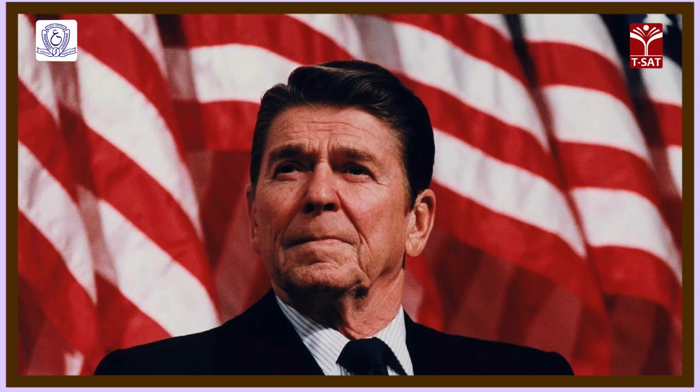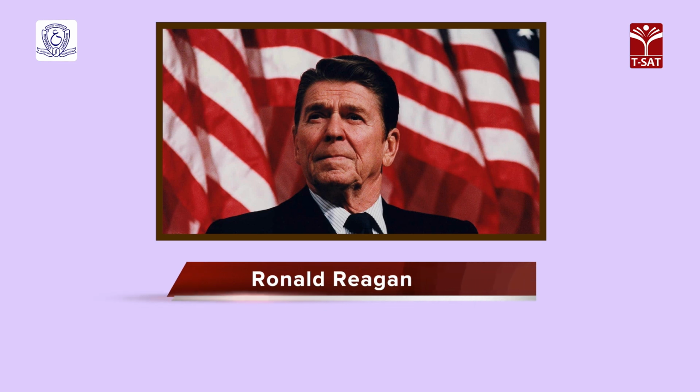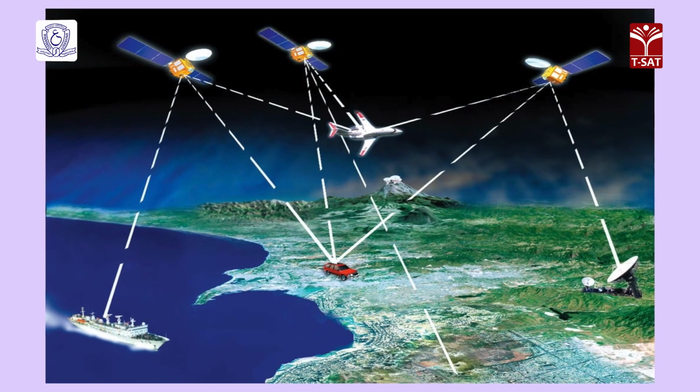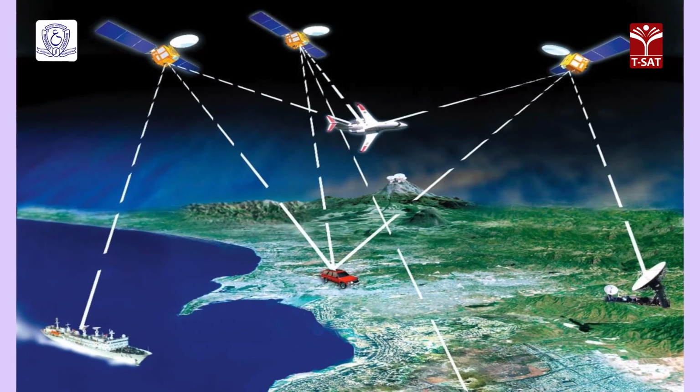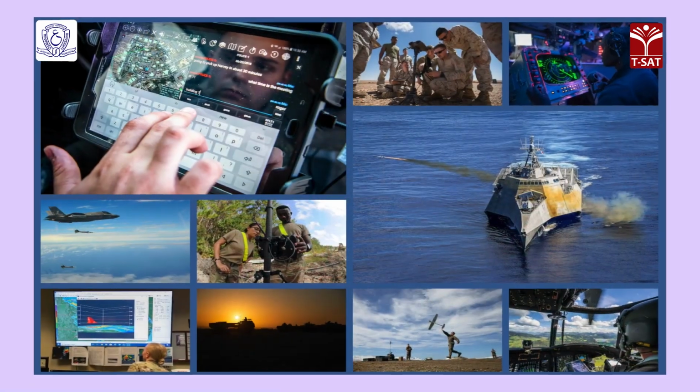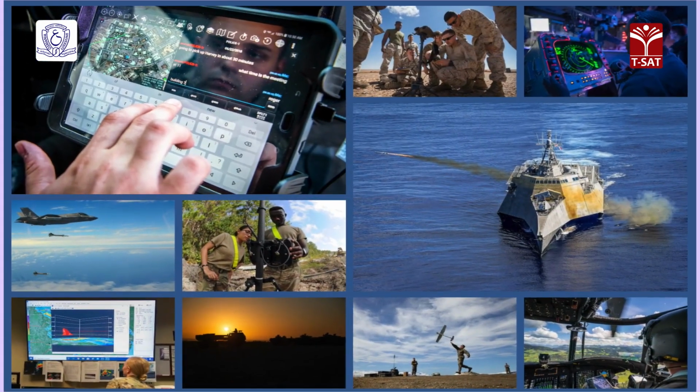Originally limited to use by the United States military, civilian use was allowed from the 1980s following an executive order from President Ronald Reagan. The system provides critical capabilities to military, civil and commercial users around the world. It is maintained by the United States government and is freely accessible to anyone with a GPS receiver.